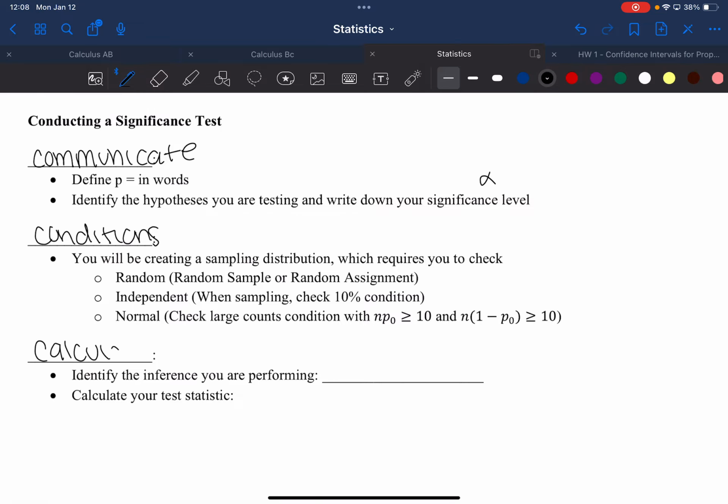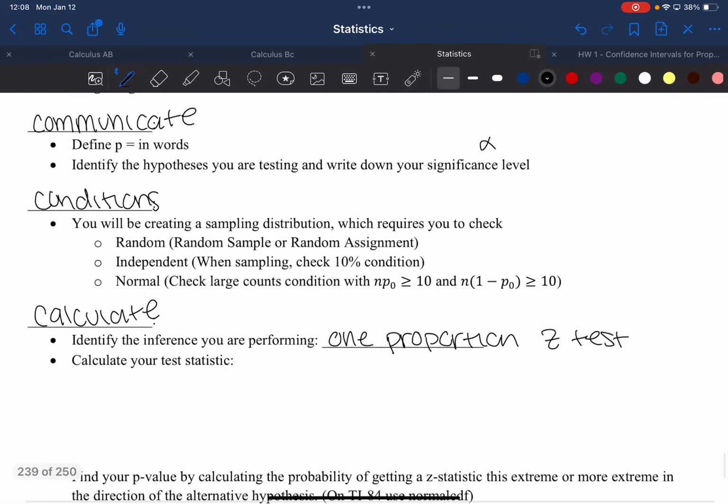Calculate. So when we calculate, we have to either identify the inference. So what's the name of the inference again? 1 proportion z-test. Okay, so you have to either name the inference or write the formula.